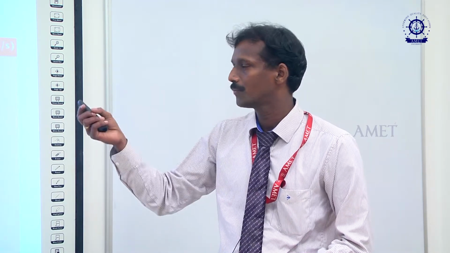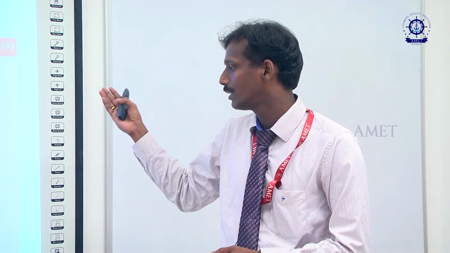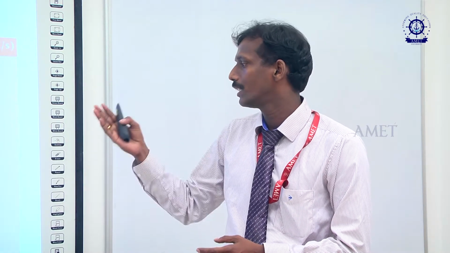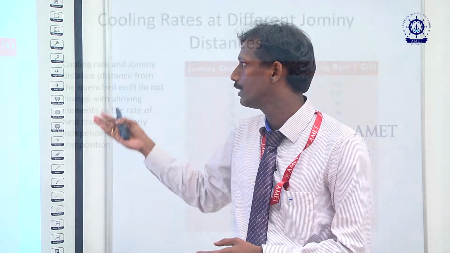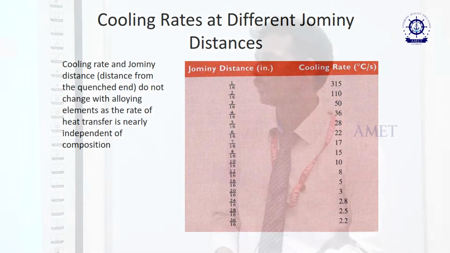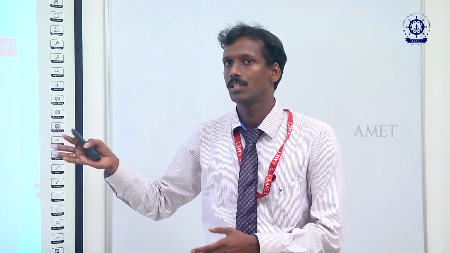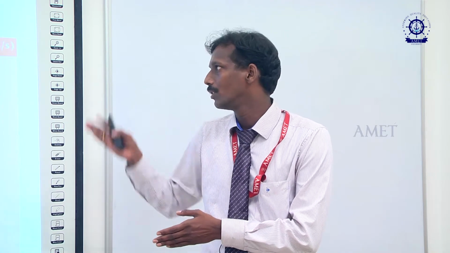For example, starting from 1/16 inch, the cooling rate is about 315 degrees per second. As the distance increases, the cooling rate decreases, up to a maximum of 32/16 inches of Jominy distance, where the cooling rate is reduced to about 2.2. So while the Jominy distance increases, the cooling rate decreases.